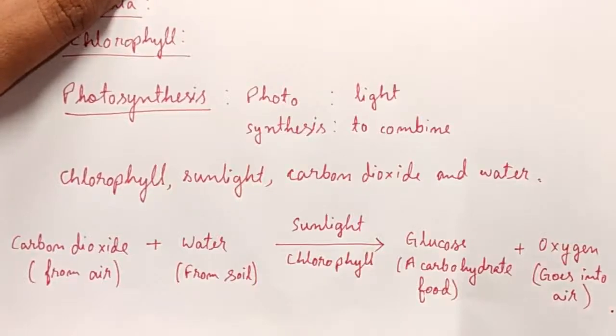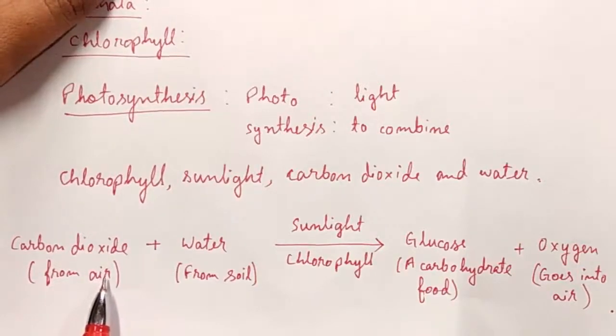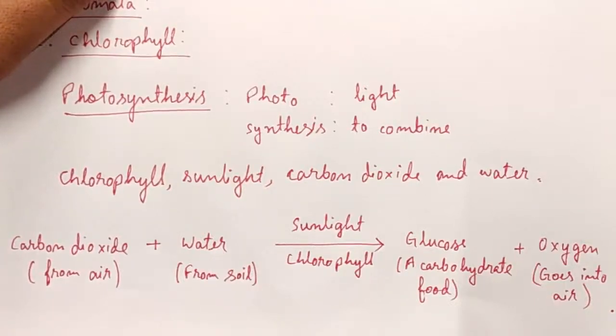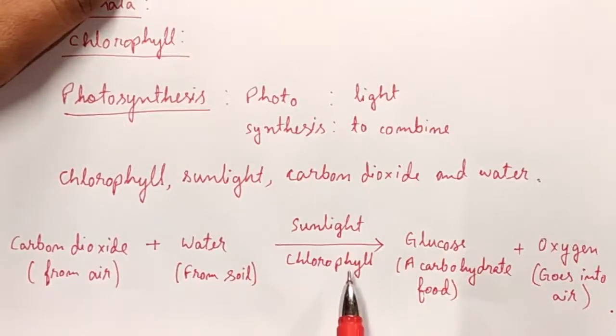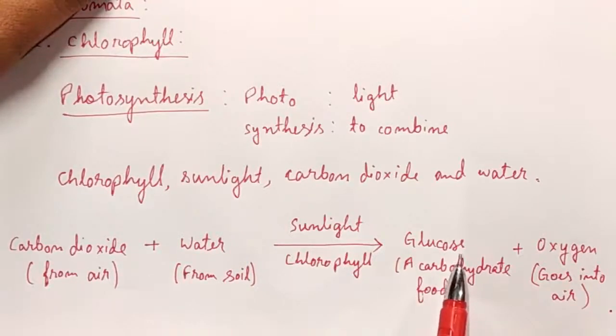Okay. In order to do photosynthesis, carbon dioxide from air is taken by the leaves. Water from soil will be taken through roots, and in the presence of chlorophyll, using sunlight, a product called glucose, a carbohydrate food, is obtained, and also a byproduct, oxygen.